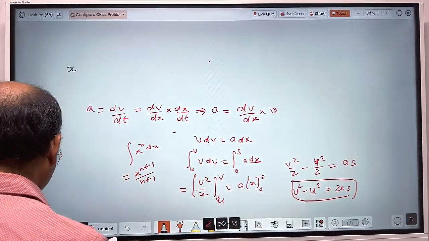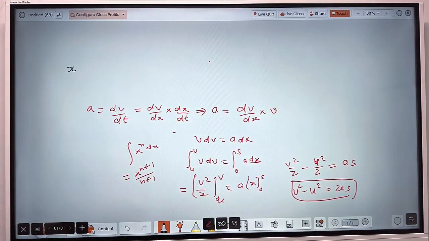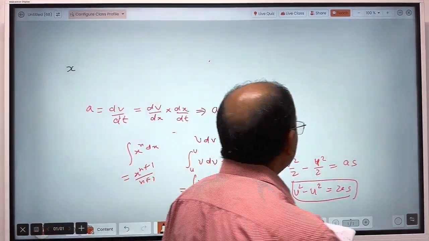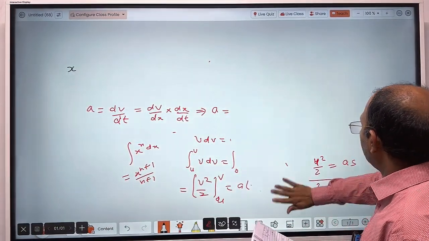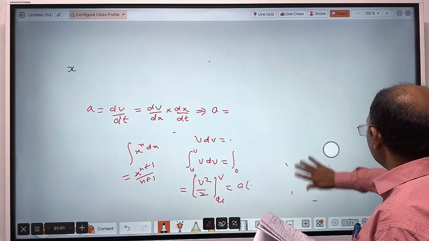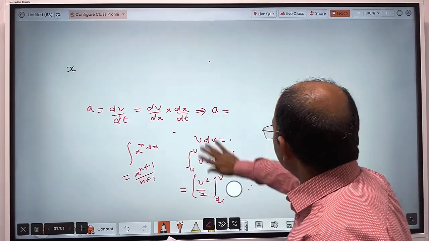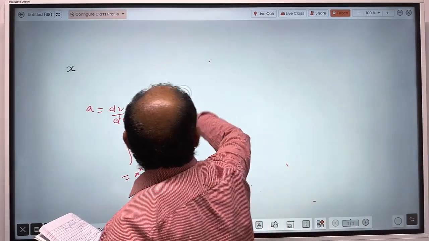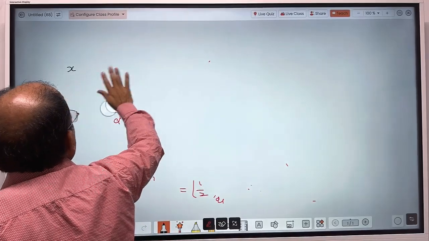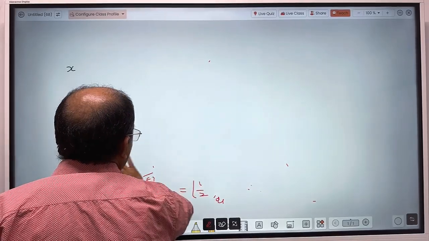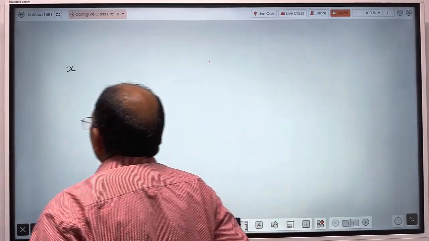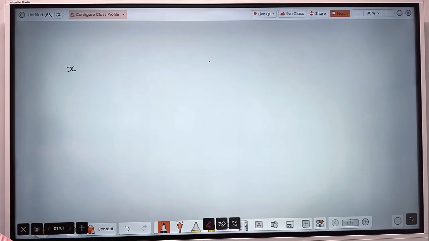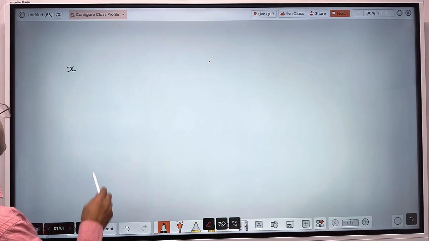Now we are going to derive the fourth equation of motion, that is, distance traveled in nth second. As we have seen, it is the difference of distance traveled in n seconds and n minus 1 seconds. So here we put the limits.